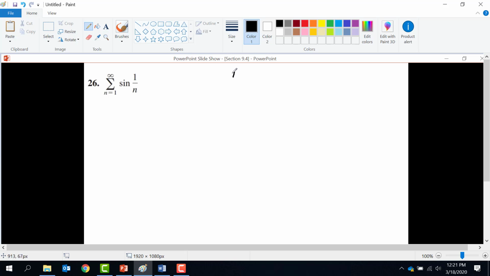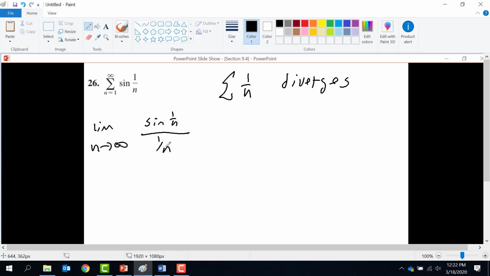And so what I decided to compare this to is just 1 over n. 1 over n diverges because it's the harmonic series. And so then we're going to take the limit as n goes off to infinity of the sine of 1 over n, over 1 over n.